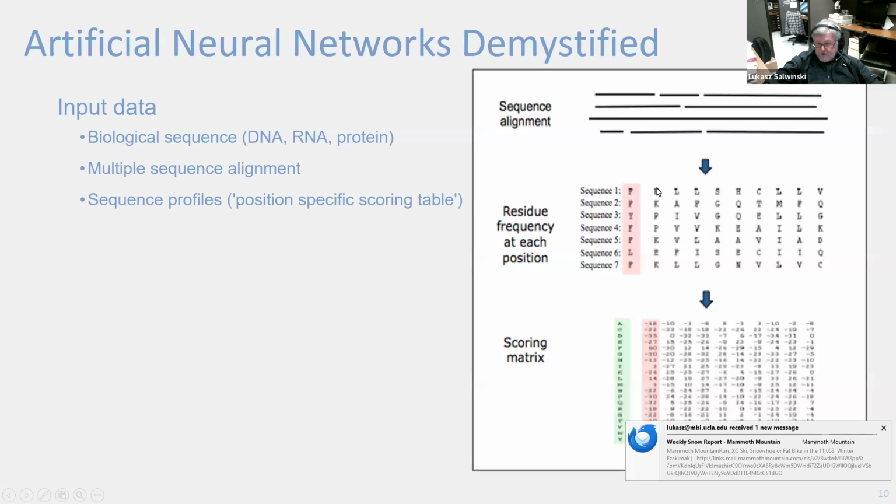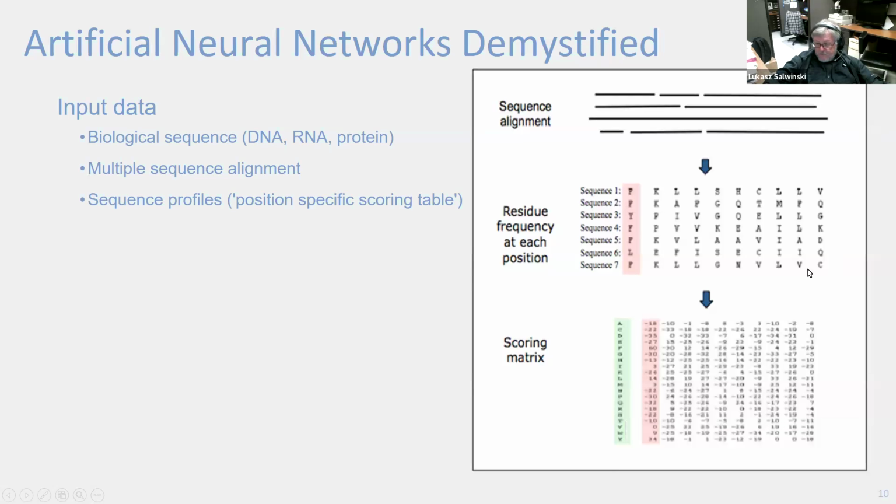So we can enter an entire block of amino acid identities there, or we can collapse this into so-called profiles, or position-specific scoring tables, which is essentially, for each position, a column of numbers that convey how frequently a given residue shows up in the alignment.